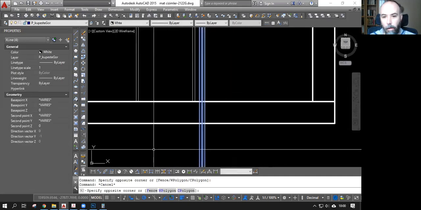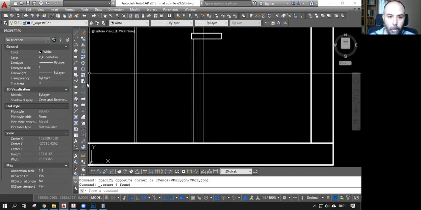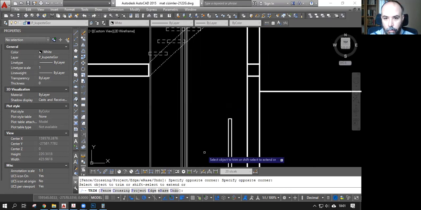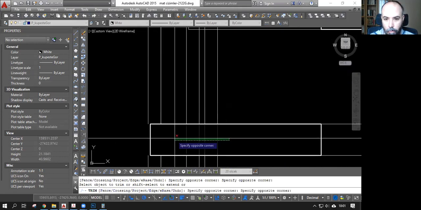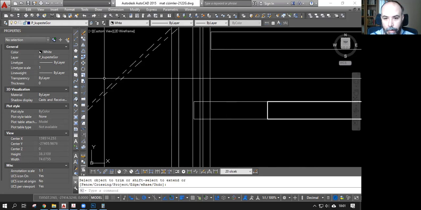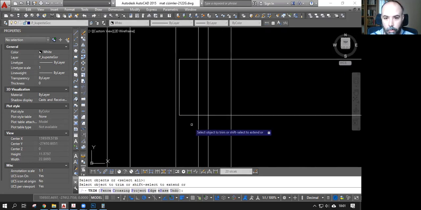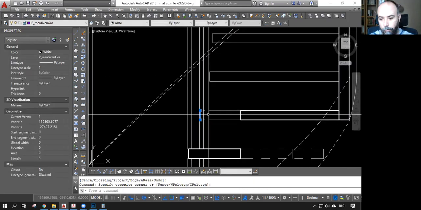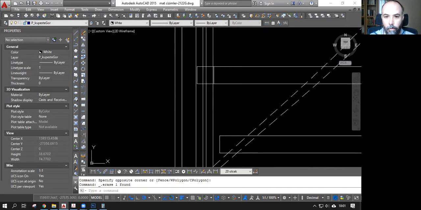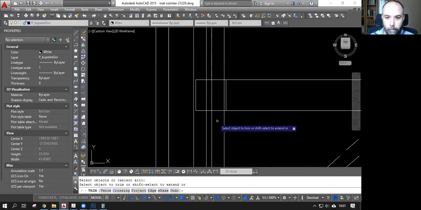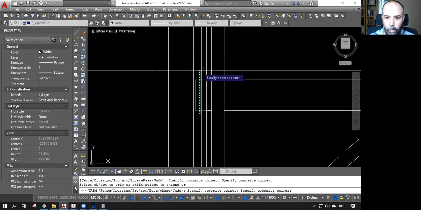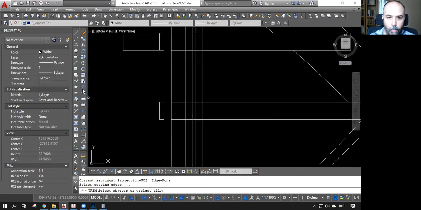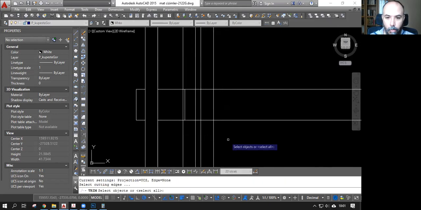Yeah. So, okay. Now I will trim the strings because they will be blocked by these cut surfaces of the steps, and they are going to block the rest of the steps. We won't be able to see them, and these steps as well, and this part too. Let's trim these two.